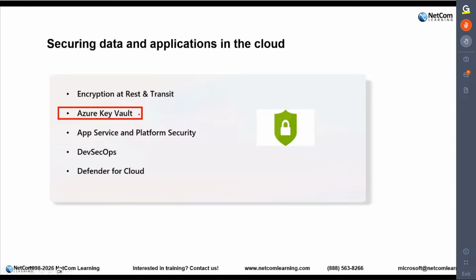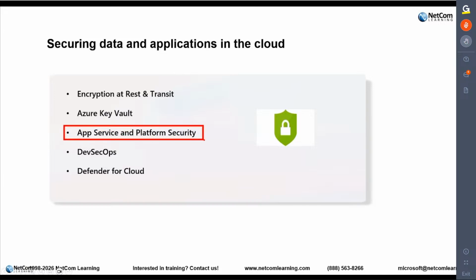So Key Vault allows me to store securely encryption keys or some kind of secrets, like connection strings, account keys, passwords, and so forth. So you can store them securely, and your application can retrieve them from this secure storage.